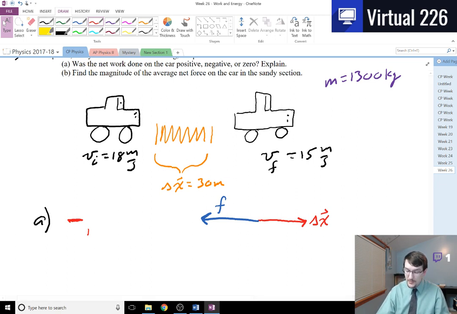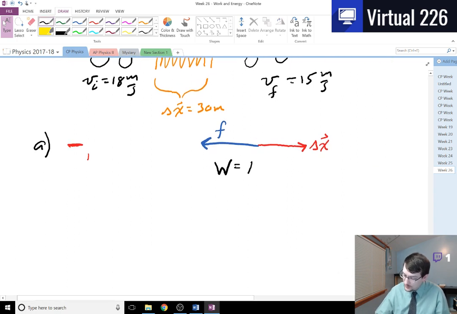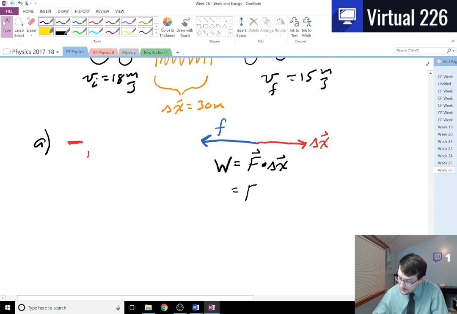If we wanted to mathematically justify this, if there was some force and we looked at the work itself, remember work is W equals F dot delta x. And this dot product's really important because it's not just multiplying, you're taking an angle into account as well.